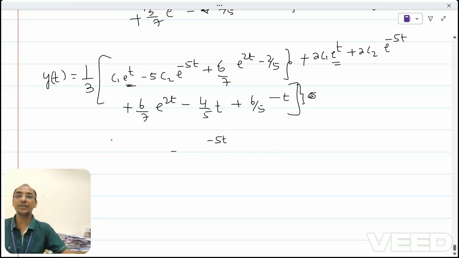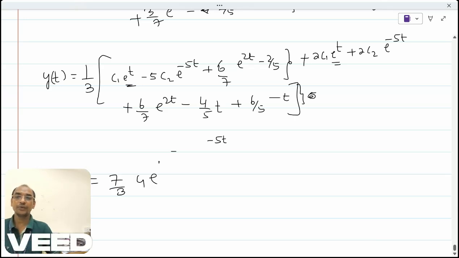What we will get here is, you see, here 1 by 3, there 2. So 1 by 3 plus 2 is 7 by 3 c1 e to the power t. And here minus 5 by 3 and there 2, so minus 5 by 3 plus 2 is 1 by 3 c2 e to the power minus 5t.